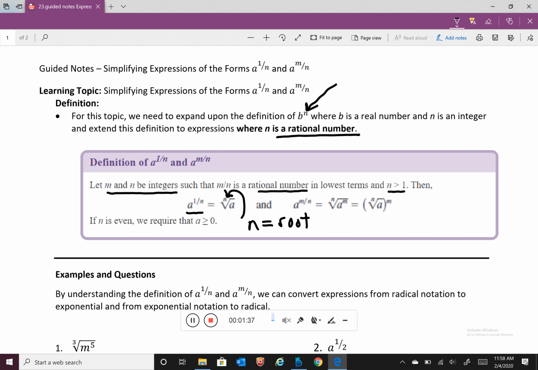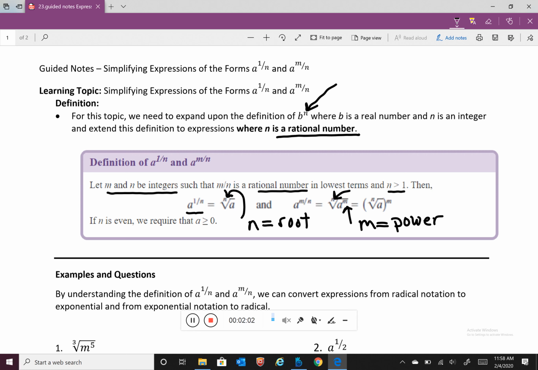our index. Similarly, if we have a raised to the m over n, n is still our root. Notice, we have n right there, but a is raised to the mth power. So m is equal to our power. And notice there's another way we can write this.